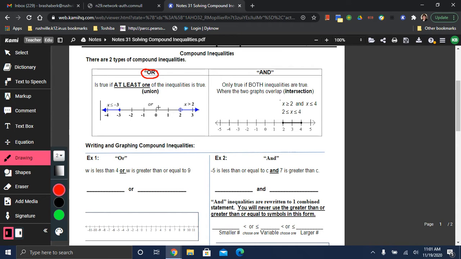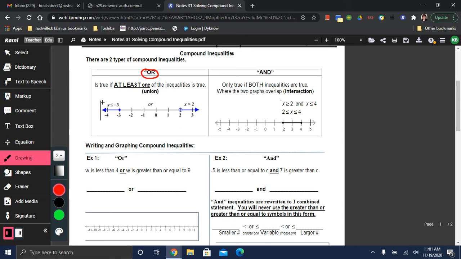And then we have the word or, and then we have another part of this statement that x is greater than 2. So numbers like 3, 4, 5, numbers that are greater than 2, but notice that the 2 has an open circle. So we've talked about this before, the 2 is not included. So 2 is not greater than 2, we would have an open circle.